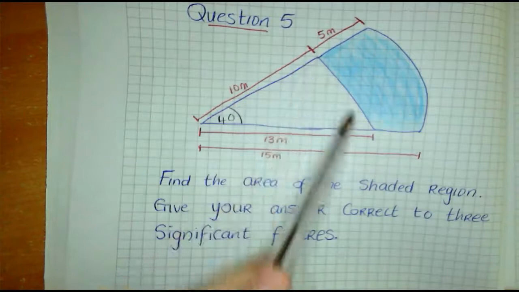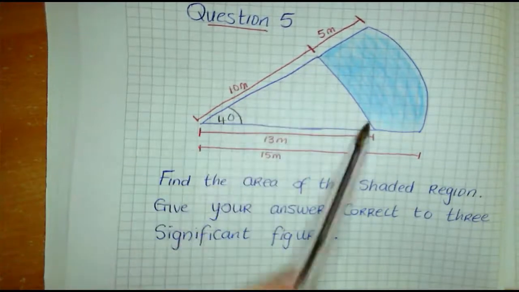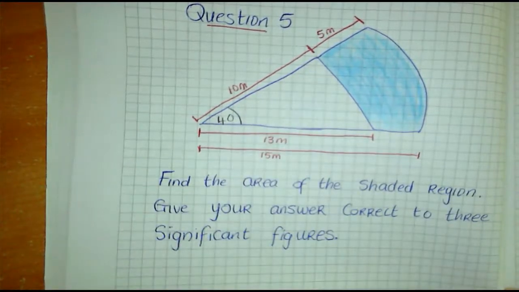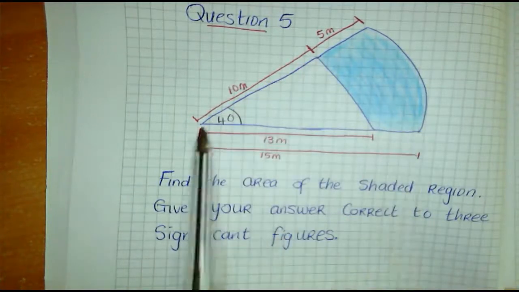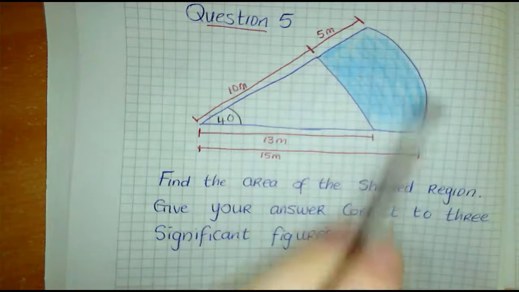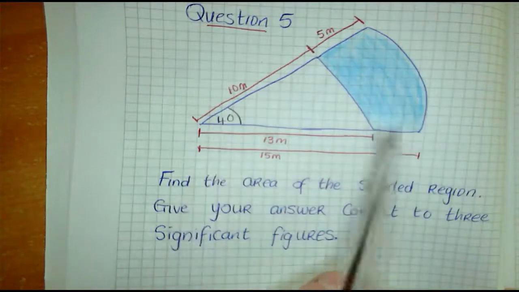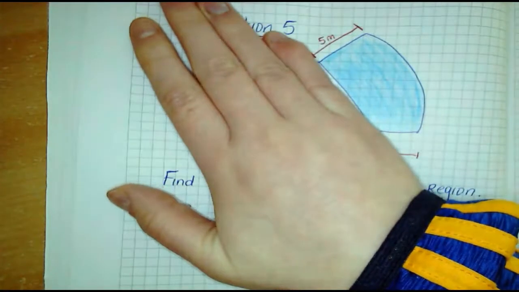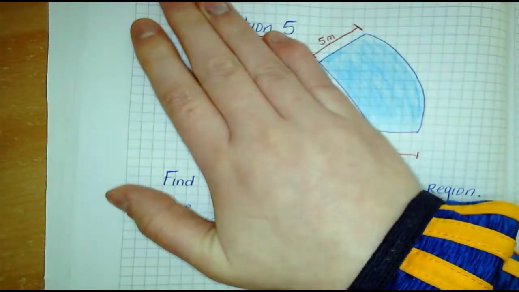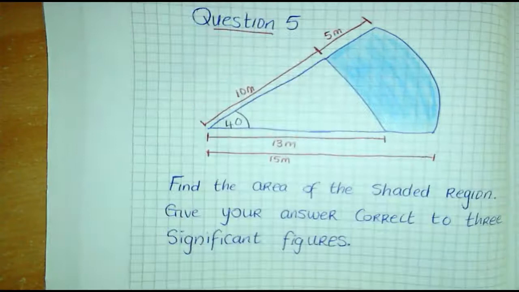So to find that shaded region then, wouldn't it be the same as finding the area of the full sector and then taking away that triangle? Wouldn't that give me the shaded region?